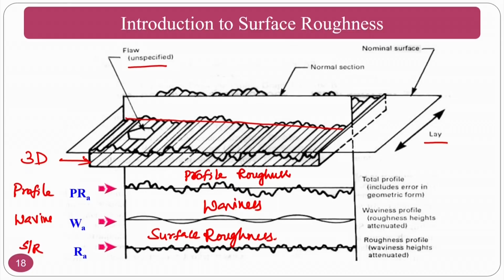So I have profile roughness, which I can divide into waviness, and the roughness features superimposed on the waviness are nothing but the surface roughness. Okay, so this is about the three things.